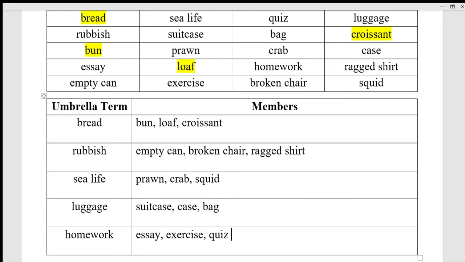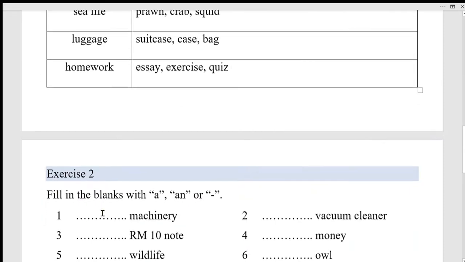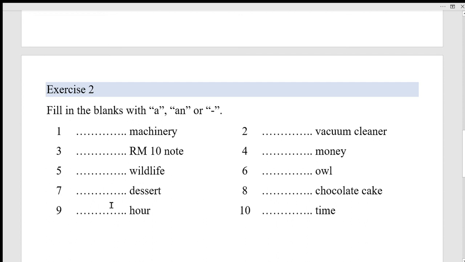Remember ya. Now let's look at exercise 2. We have got 10 words here. Some of them are countable nouns, whereas the others are uncountable. So remember, for countable, untuk yang boleh dikira, kita boleh letak a dan an di depan.